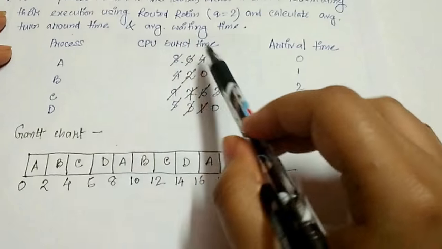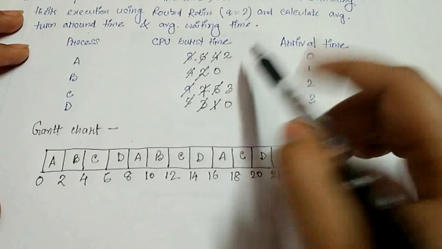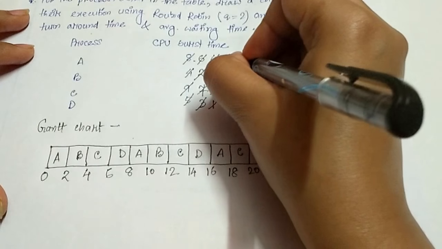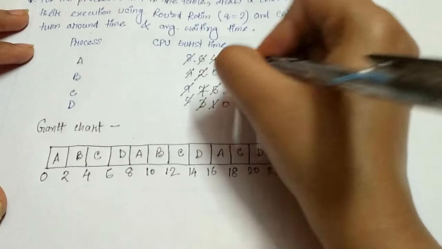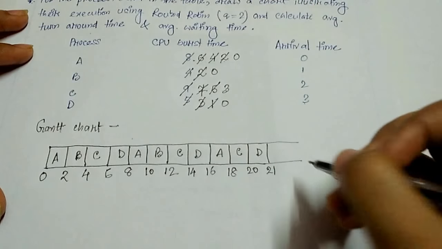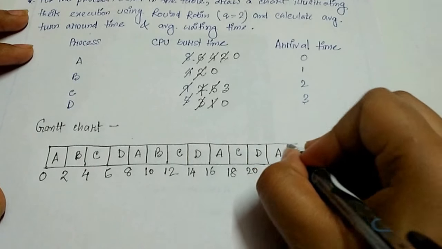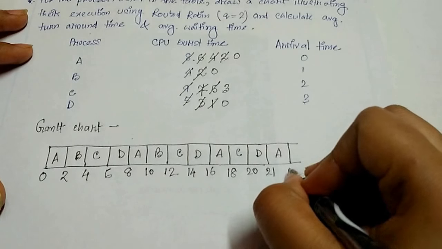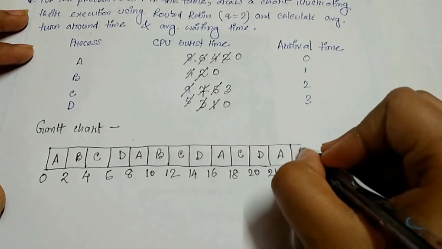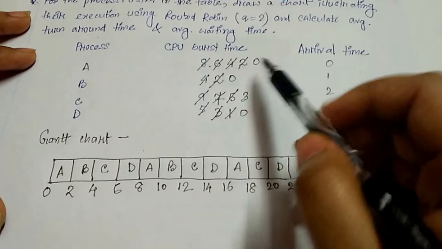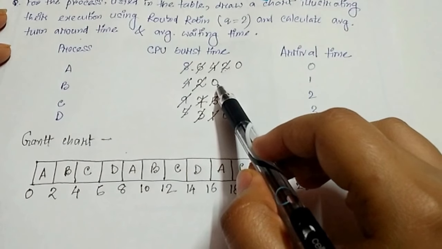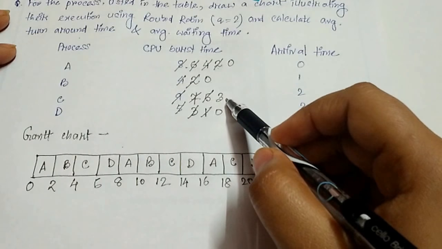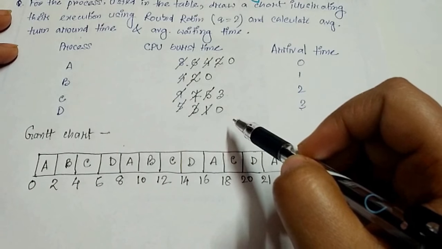Then comes process A again from the beginning. If we take 2, the CPU burst time becomes 0 for process A. 21 plus 2, that is 23. B has already finished, its CPU burst time is 0. For C, the CPU burst time remaining is 3.